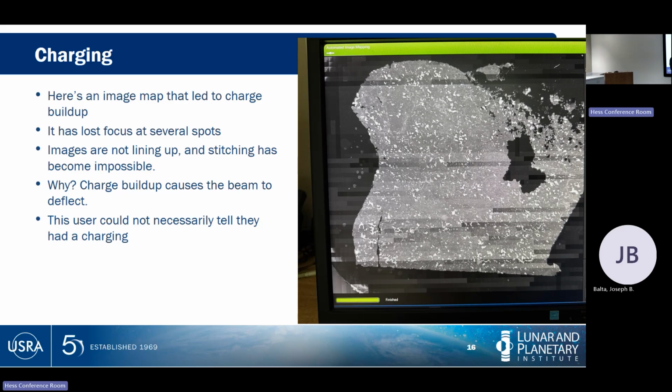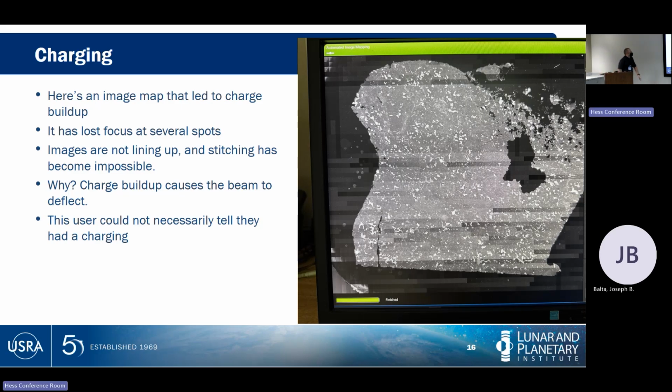It is poor. When you zoom in, there are features that are completely misaligned. There are many areas that are just not able to focus on, and the horizontal stripes and different changes in contrast. This is a buildup of charge. This basically wasted 9 hours of analysis time. We had to redo this map.